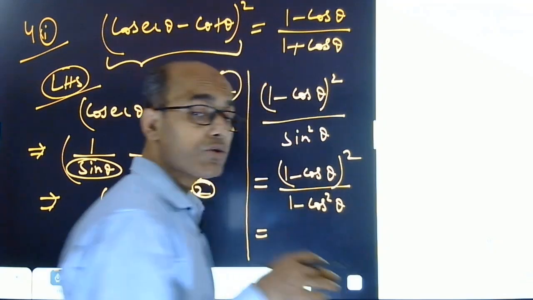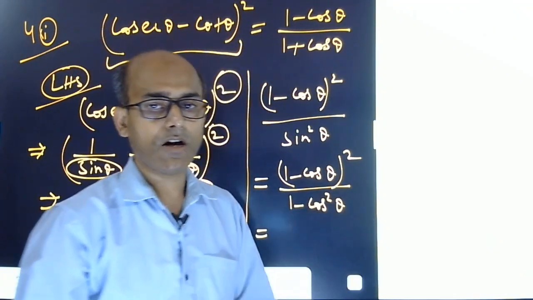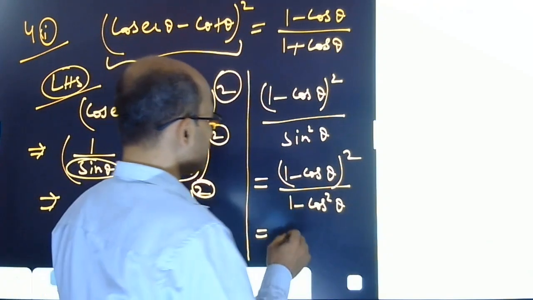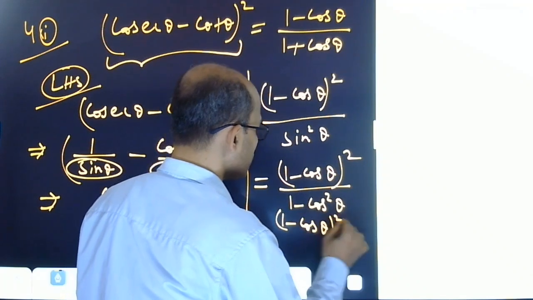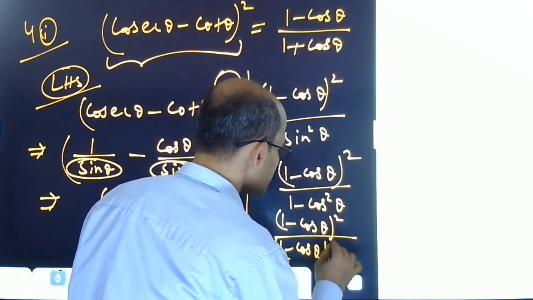We are also aware of the formula a square minus b square equals (a plus b) into (a minus b). So this becomes (1 minus cos theta) whole squared over (1 minus cos theta)(1 plus cos theta).